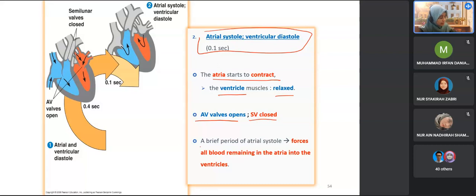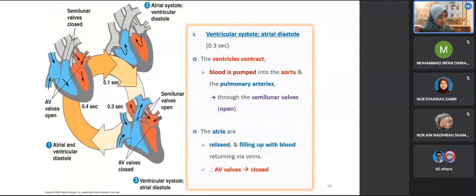Okay, so it is a brief period of atrial systole, which forces all the blood remaining in the atria into the ventricle. The duration is really short, 0.1. So the purpose of this second stage is to make sure all the blood in the atrium is pushed into the two ventricles.